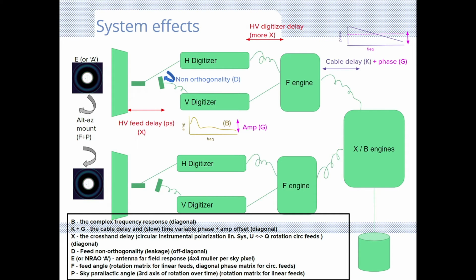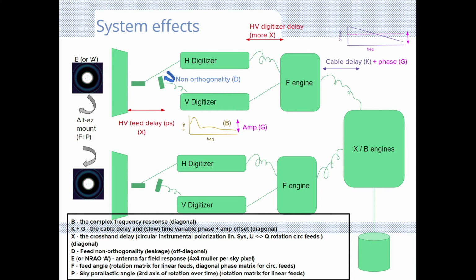Then we have maybe a bit of further delay between that and the digitization system. There can be all sorts of systematic effects which add further delay onto that signal and move the X hand and the Y hand apart from each other.